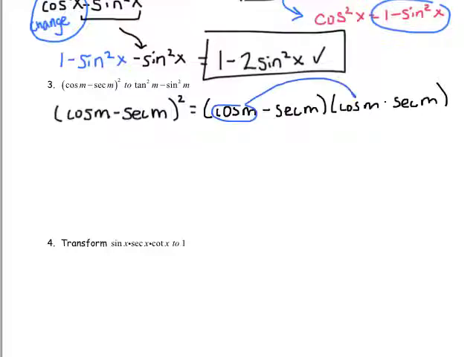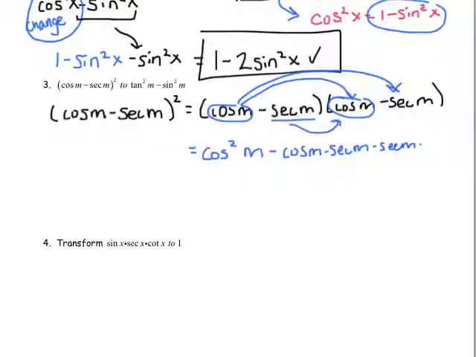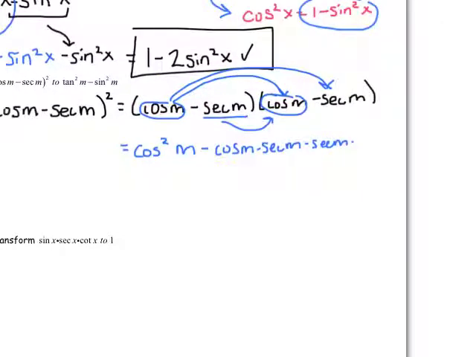This times this makes cosine squared m. Cosine m times negative secant m is minus cosine m secant m. Negative secant m times cosine m, and lastly, negative secant m times negative secant m makes positive secant squared m.